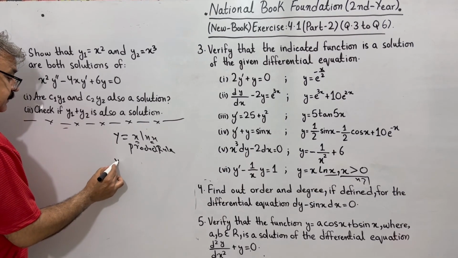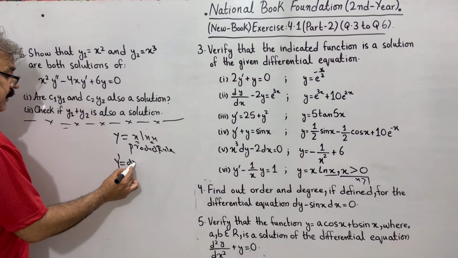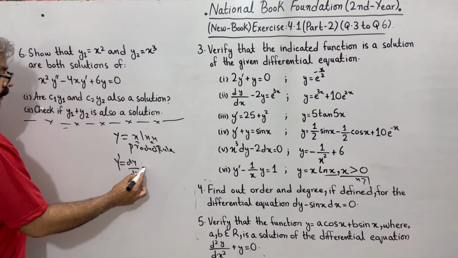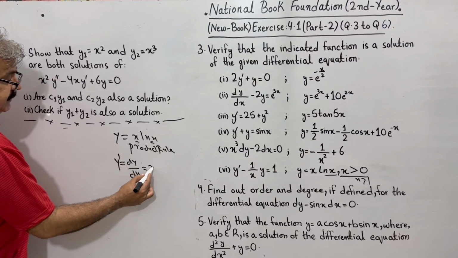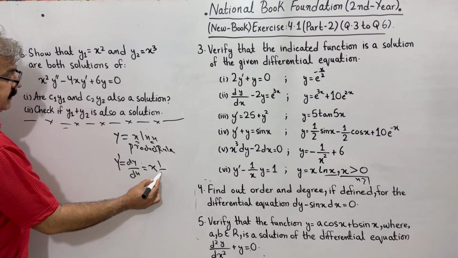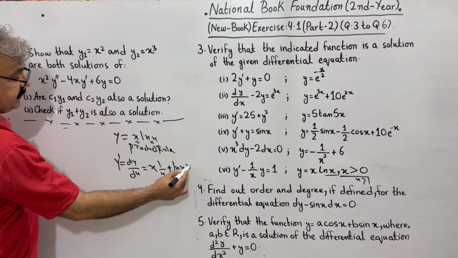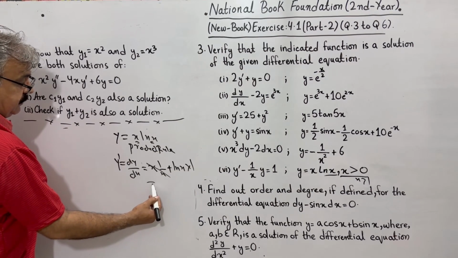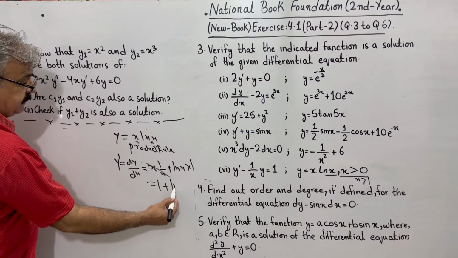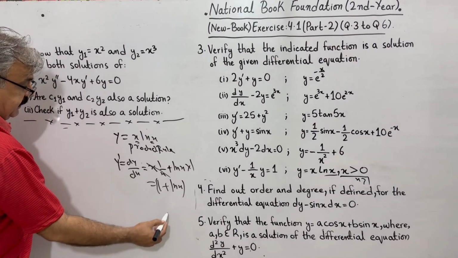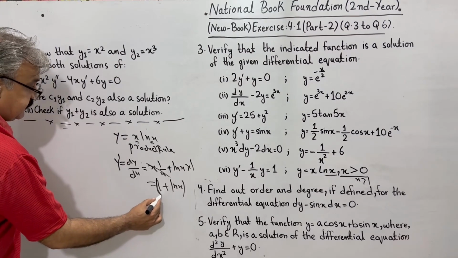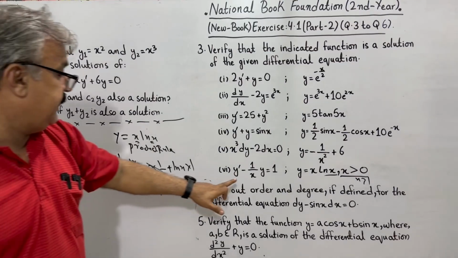Product rule: y dash, or dy upon dx, first function same, differentiation of ln x is 1 over x, plus second function same, ln x, differentiation of x is 1. Cancelled out. We are going to get 1 plus ln x, the sum of 1 and ln x, to be inserted here.